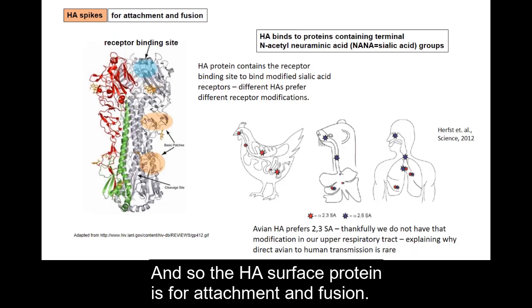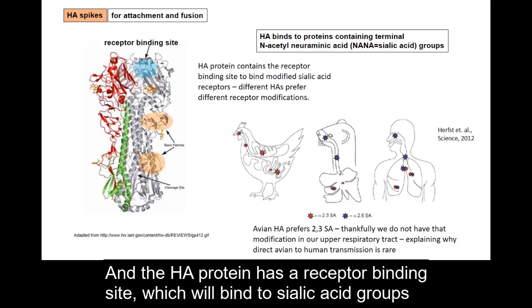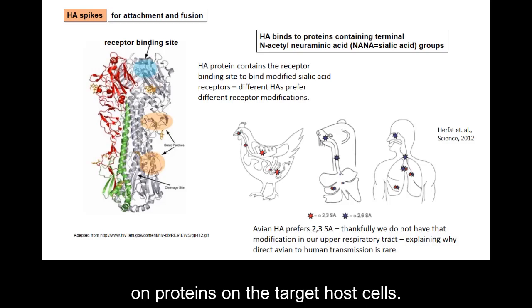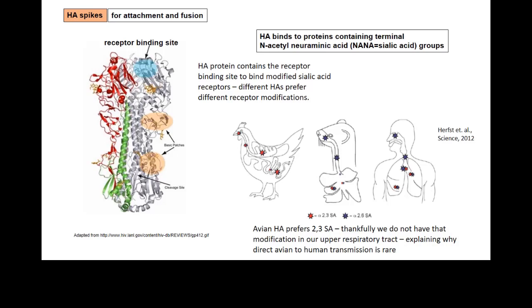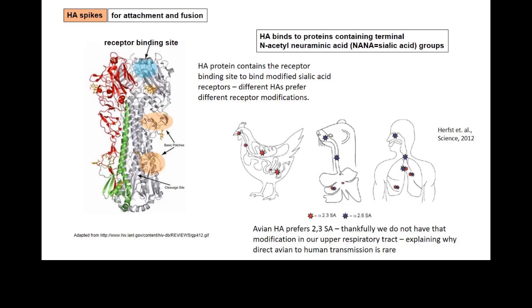And so the HA surface protein is for attachment and fusion, and the HA protein has a receptor binding site, which will bind to sialic acid groups on proteins on the target host cells. And so there's lots of different HA variants, and they can vary at the receptor binding site.